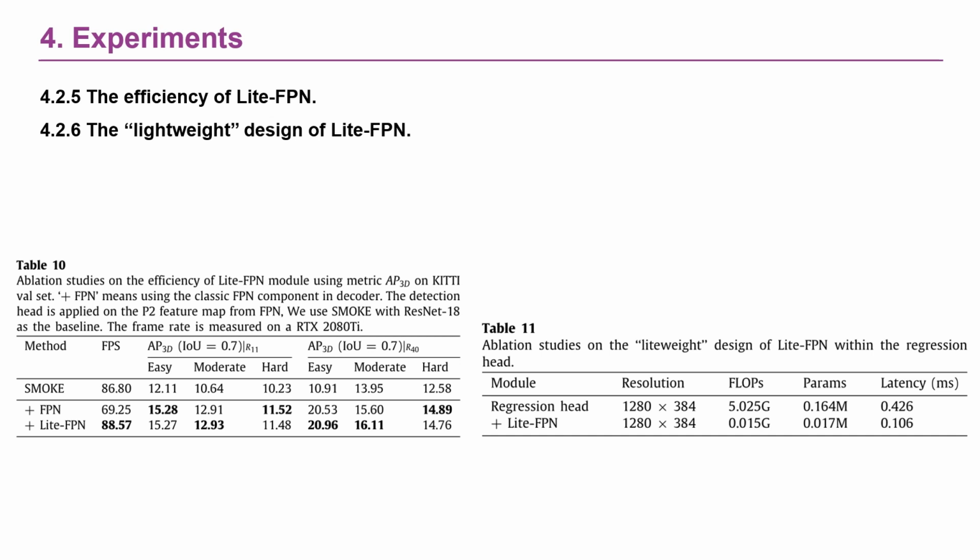As shown in Table 11, the comparative data suggest that regression head plus LightFPN significantly reduces the parameters by 89.6%, FLOPs by 99.7%, and latency by 75.2% compared to the original baseline head, thereby validating the lightweight nature of our proposed LightFPN. Moreover, the divergence between the percent movements in latency and FLOPs can be attributed to the additional sampling operation on keypoint locations.